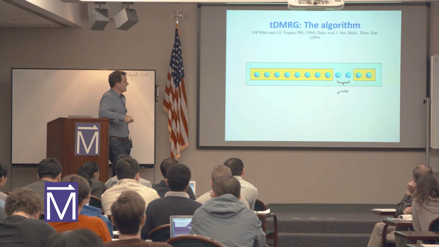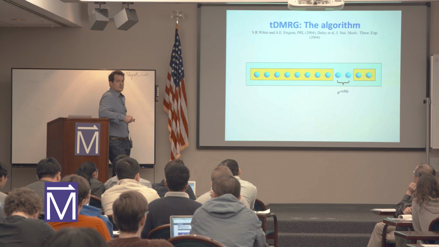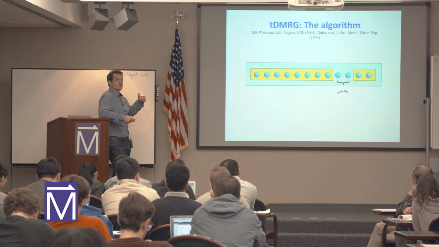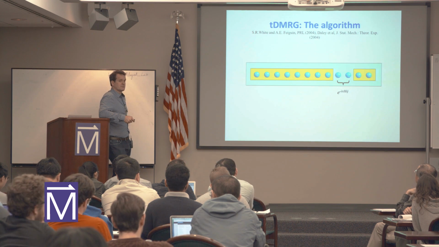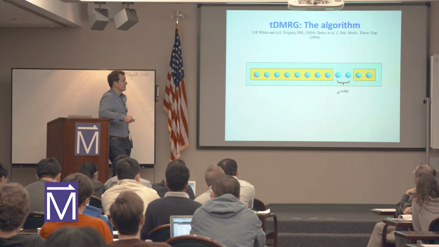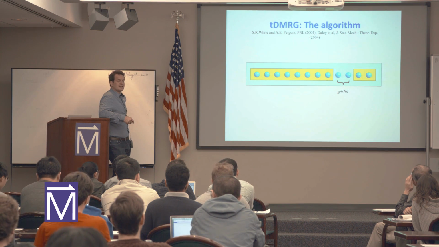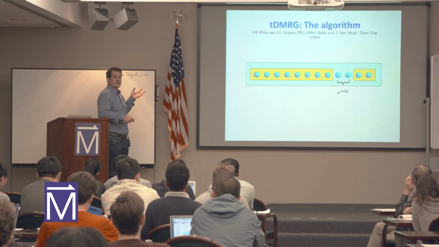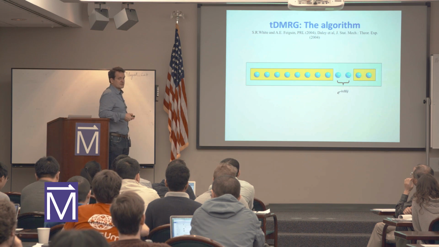So we leave the one in the middle as it is. We just grow the block the same way we do DMRG, but we don't need to do Lanczos, or calculate the ground state or diagonalize the system. All we have to do is apply this little evolution operator on these 2 sites. And it's a super fast calculation, right? Because it's a 4x4 matrix acting on 2 spins.